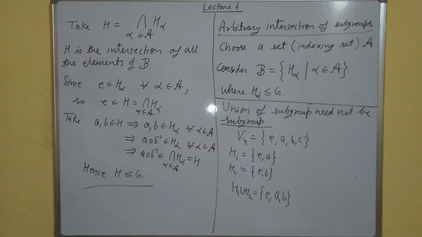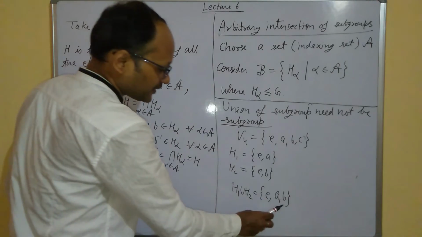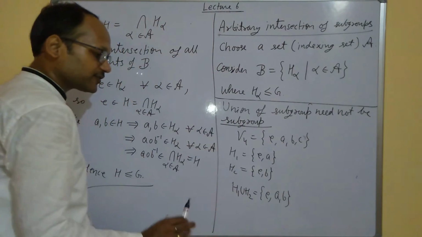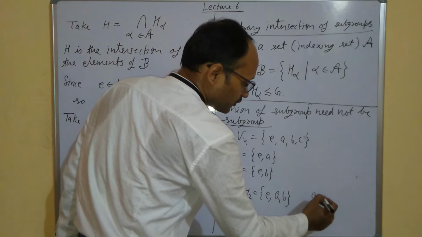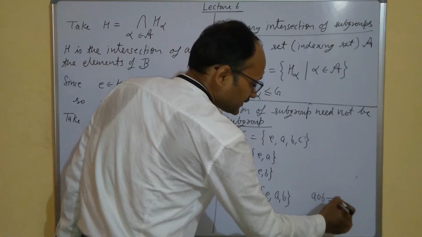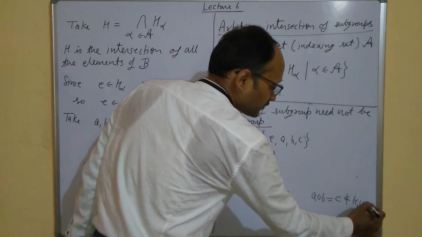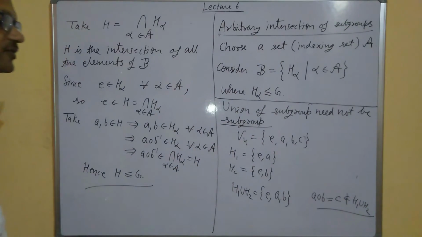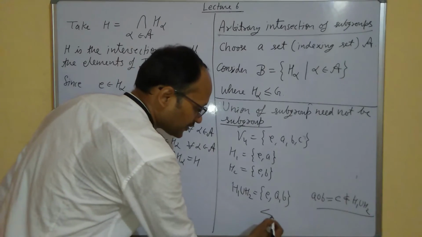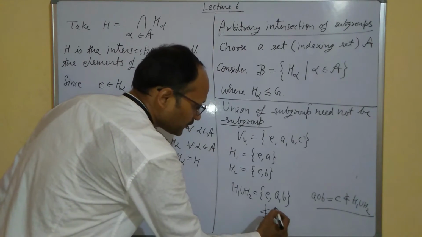But this is not a subgroup because the inverse of each element is here, it's okay. Identity is here, it's okay. But what about a o b? a o b is c, and c does not belong to H1 union H2. So it is not a subgroup of V4.